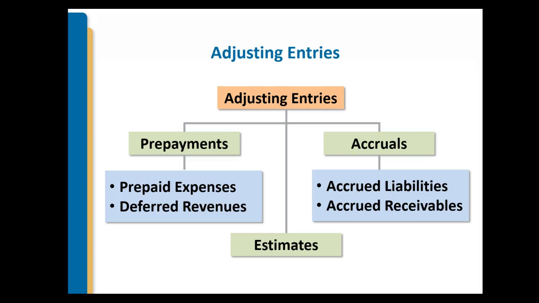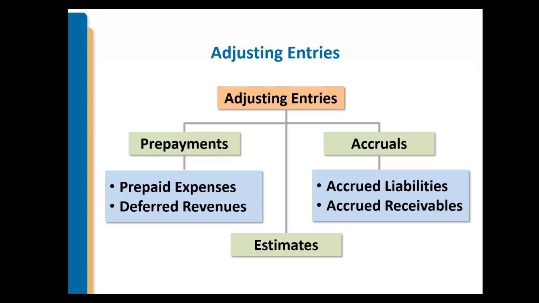Now, prepayments are transactions in which the cash flow precedes expense or revenue recognition. Prepayments include prepaid expenses and deferred revenues. Then there's another one, accruals. These involve transactions where the cash outflow or inflow takes place in a period subsequent to expense or revenue recognition.